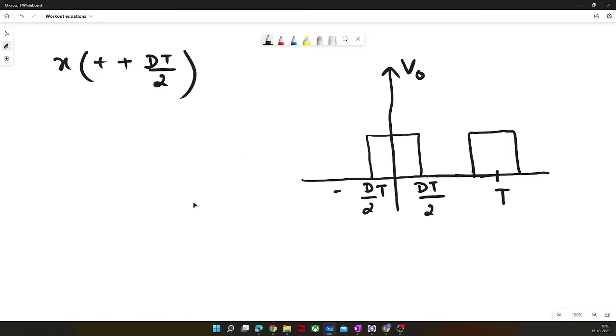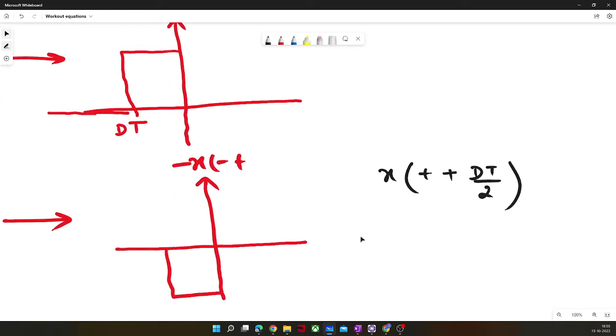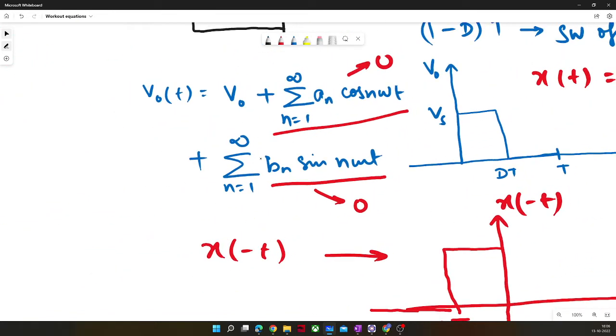So if this is an even function, then Bn terms would be 0, as I told. I think it would be fine if I am just saying that the Bn term would be 0, because if you integrate it, you will get 0.